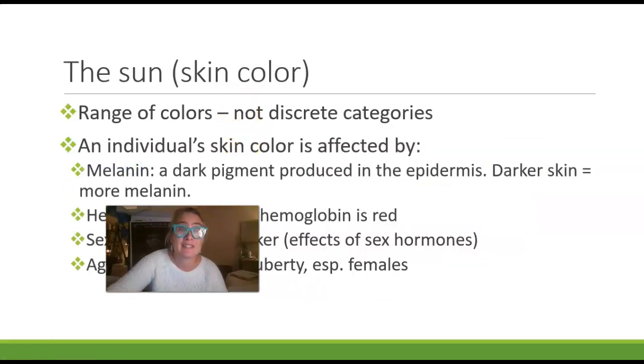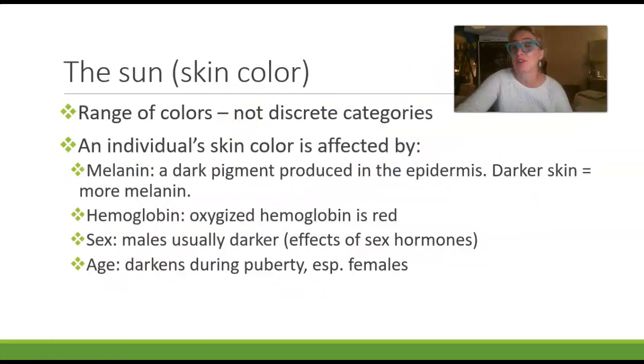Okay, last thing, just reviewing this from last week, is thinking about how people react and respond to the sun as an environmental stressor. So we've got the environment. It's the sun, the UV rays that you learned about last week.